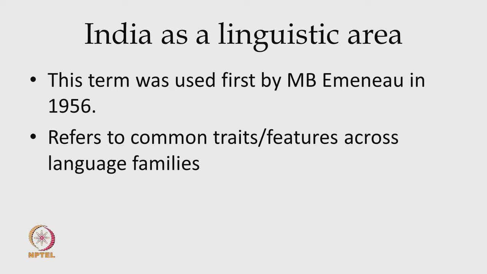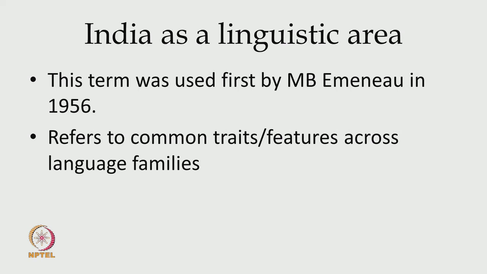And here I introduce the term India as a linguistic area, as this term was first introduced by Emeneau in 1956, a great and renowned scholar of the study of South Asian languages, who came up with this idea and defined it. As the term refers to, it is about the common traits and features that are across language families.